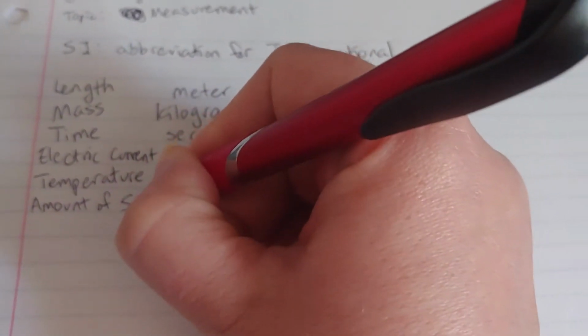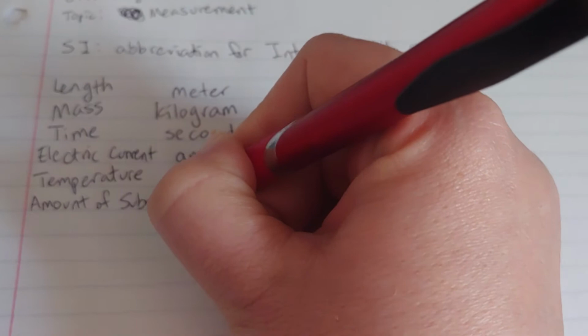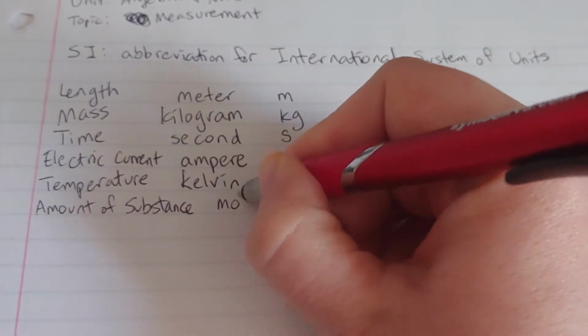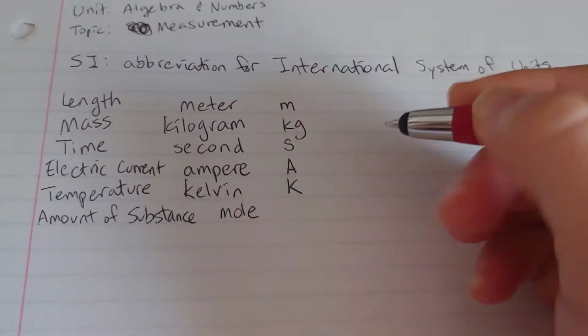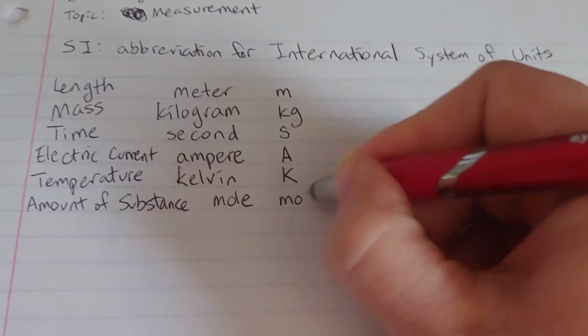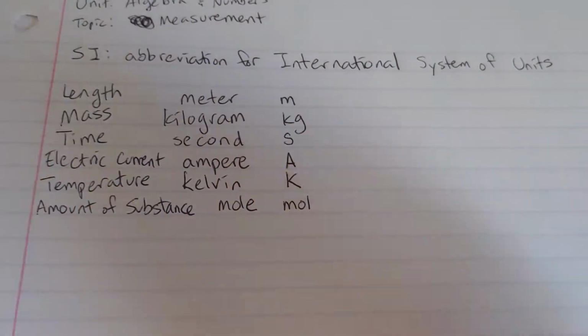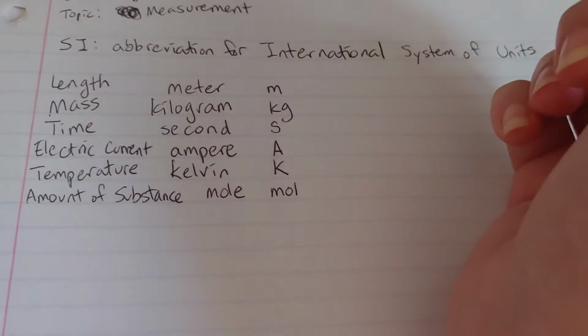Amount of substance is the mole, which you may remember from chemistry, which is abbreviated mol, which doesn't seem like much of an abbreviation, but there we are.